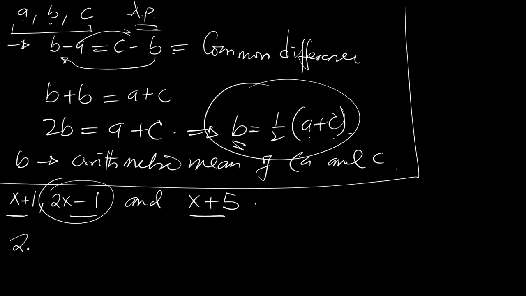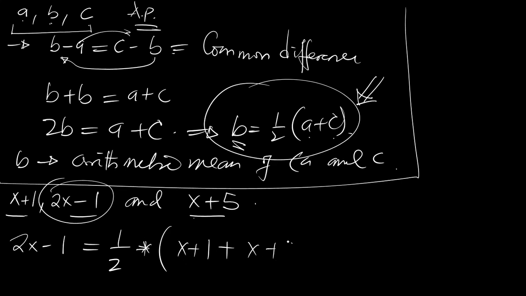So since 2x minus 1 is the arithmetic mean of x plus 1 and x plus 5, we are going to employ this formula. 2x minus 1 is equal to half times x plus 1 plus x plus 5.